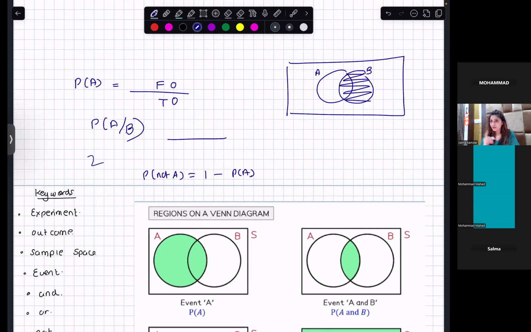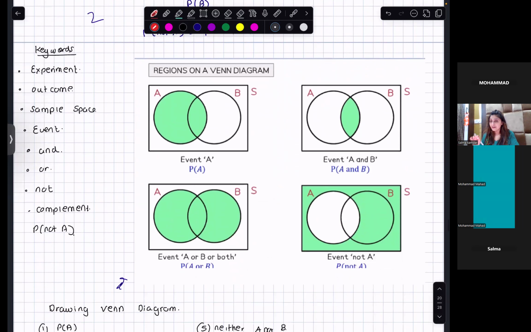So my total outcome would now become the probability of B. And I want probability of A, that means I am looking at this part now. So you're going to use the probability of A intersection B. Please remember these events are not independent. There is a difference between an independent event and a mutually exclusive event.